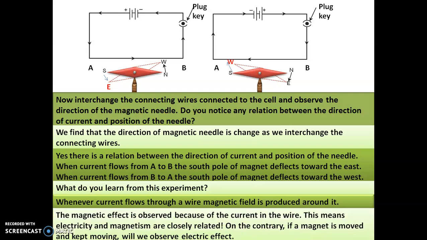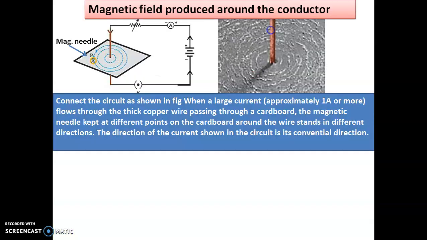The magnetic effect is observed because of the current in the wire. So, that answers our question: electricity and magnetism are closely related. On the contrary, if a magnet is moved and kept moving, we will observe an electric effect. So, electricity and magnetism are closely related.